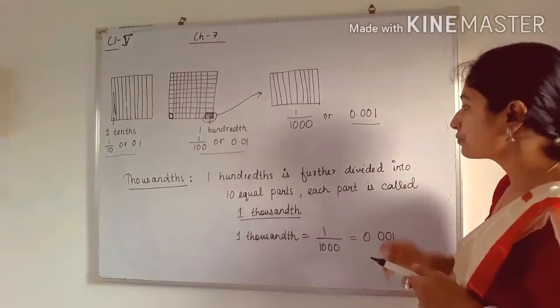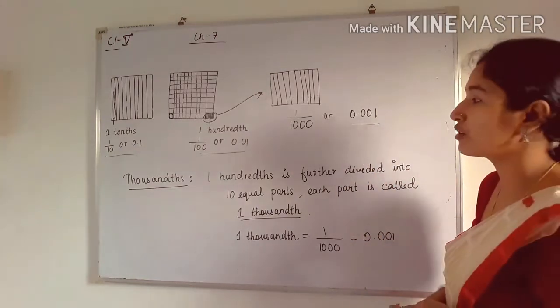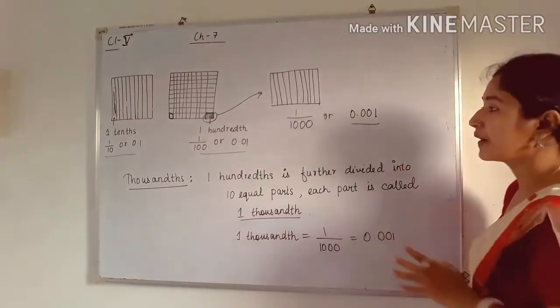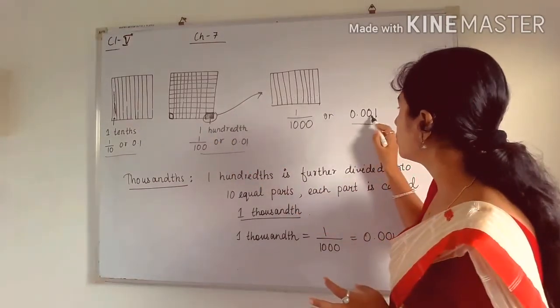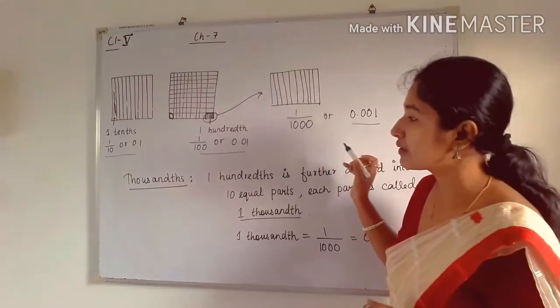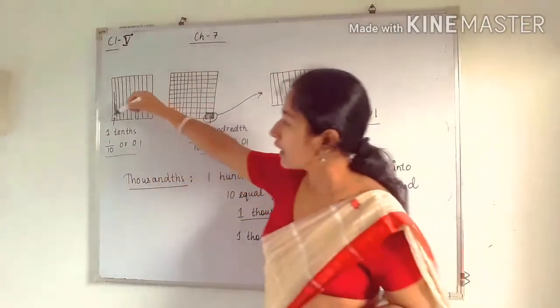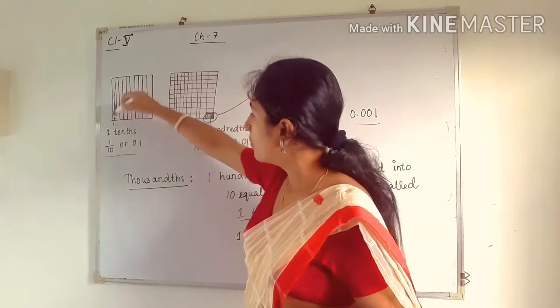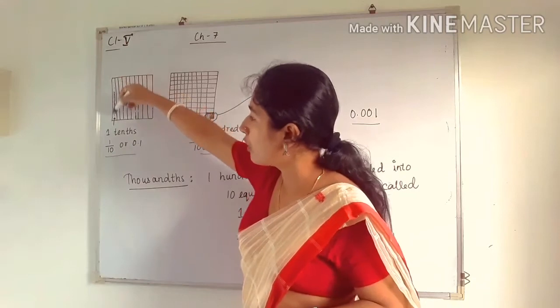Here you can easily see which one is greater and which one is smaller. Which one is greater, 0.1, 0.01 or 0.001? Yes, 0.1 is greater. You can see the area is greater here, but this is a smaller part of this one part.